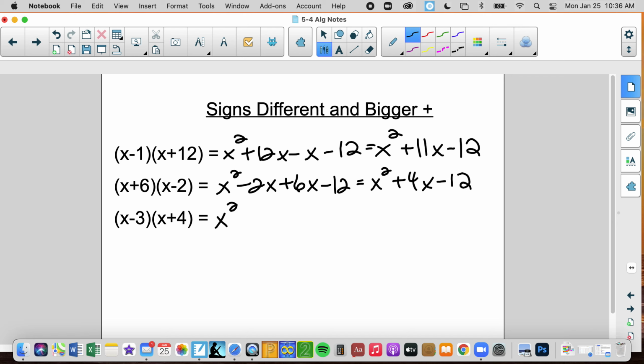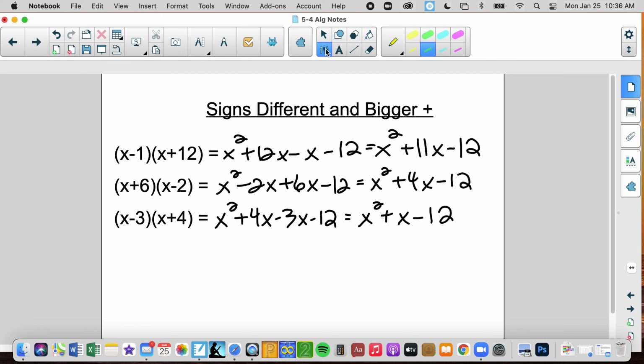My firsts, my outside, my inside, and my last. That gives me x squared plus x minus 12. So what do we notice? Well, this time, the constants at the end are all negative, and the same number. Why is that true? Well, hopefully you see that you're multiplying a negative times a positive, and a positive times a negative, and a negative times a positive.